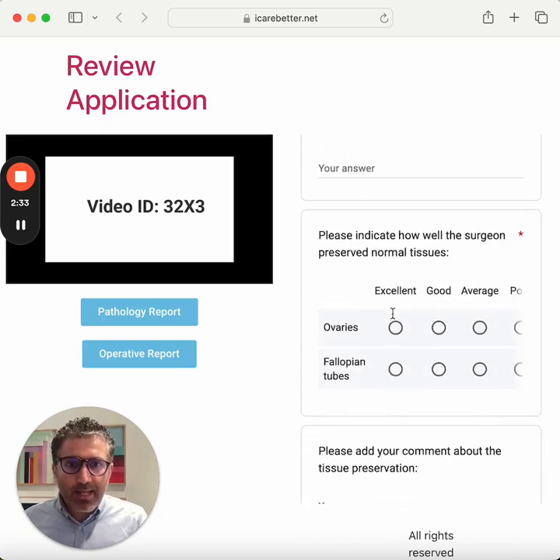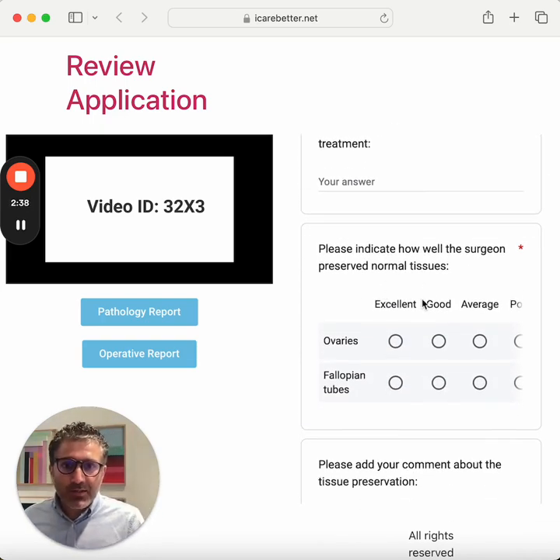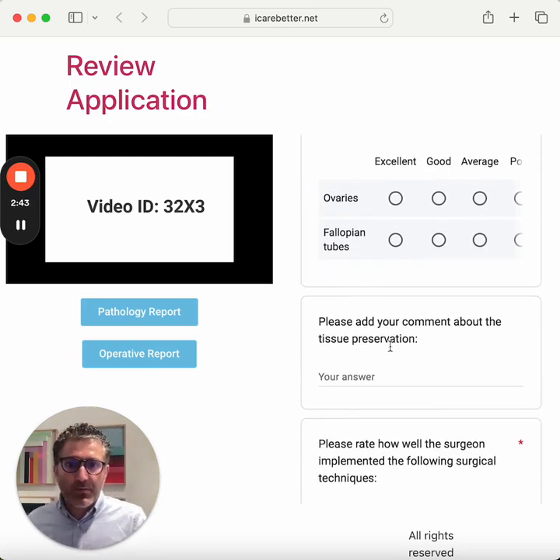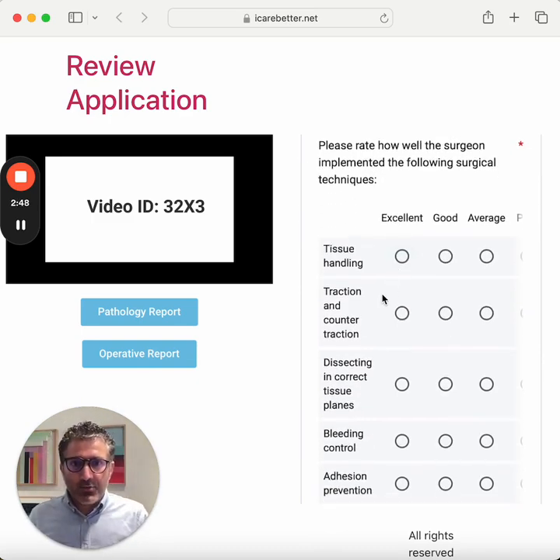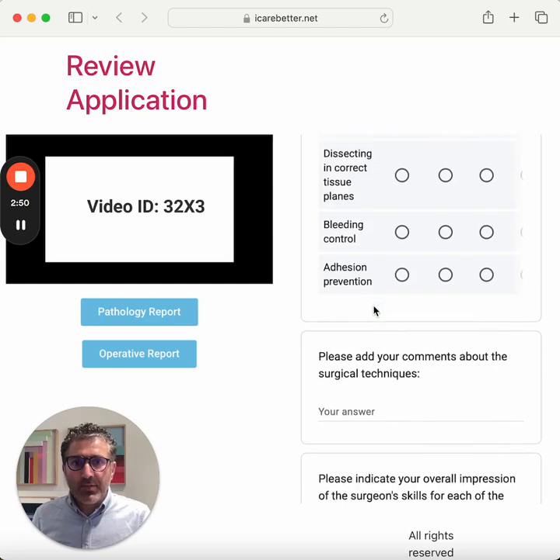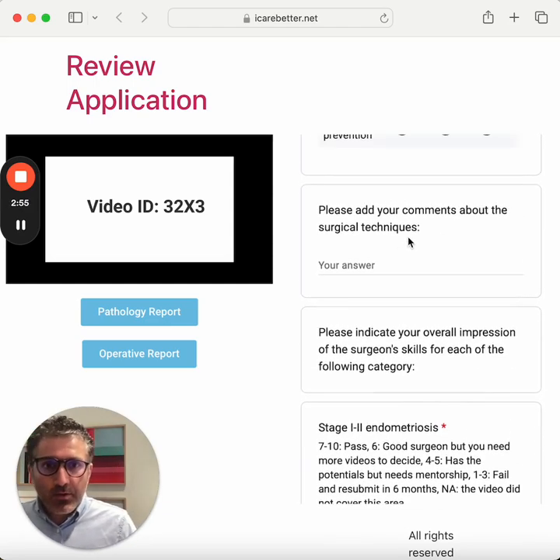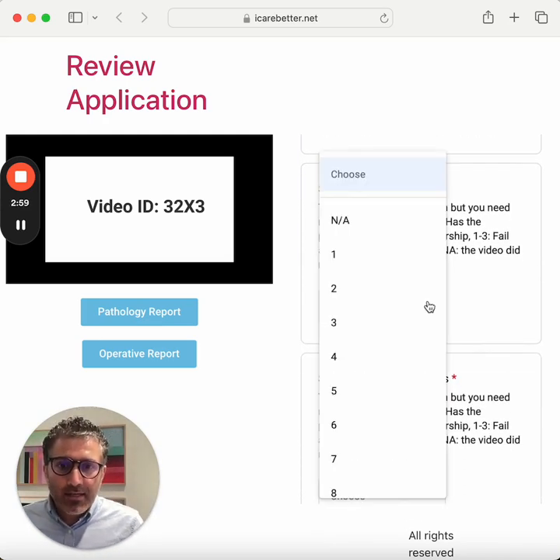They scroll down, they can add a comment. Then how the surgeon preserved normal tissues. Ovaries and fallopian tubes are the most important ones, so that's why we put them here. And how the surgeon implemented the techniques like tissue handling, dissection, bleeding, adhesion. And then at the end, the surgeon can give different comments and rate the surgery.